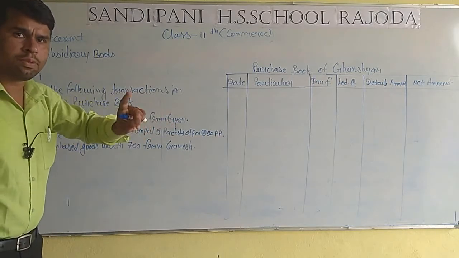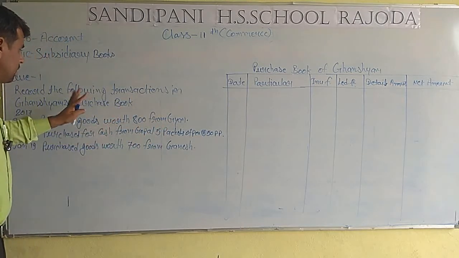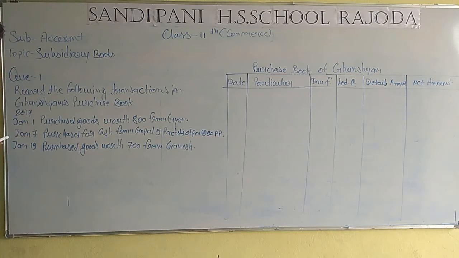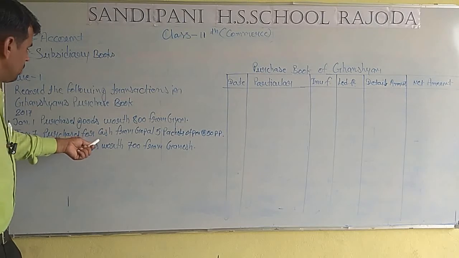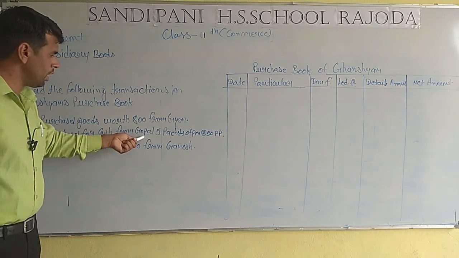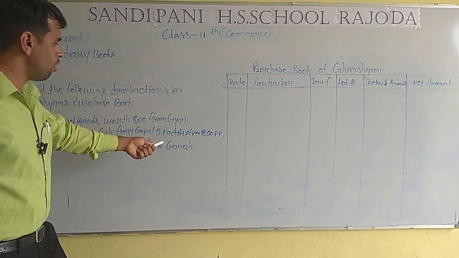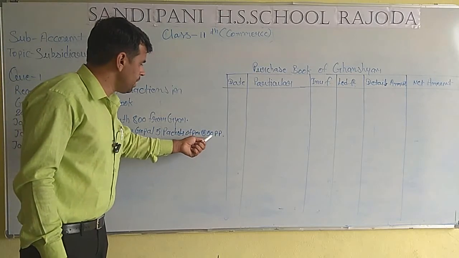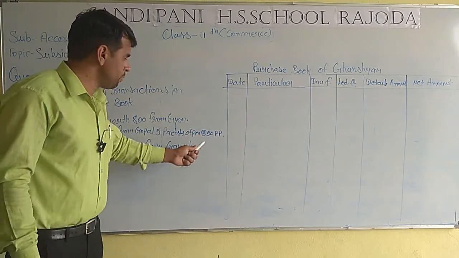Now the second transaction is given: 7 January, purchased for cash from Gopal 5 packets of pen at the rate of 50 rupees per packet.